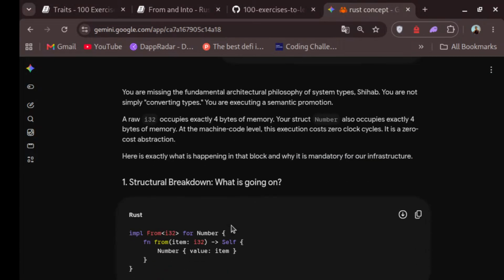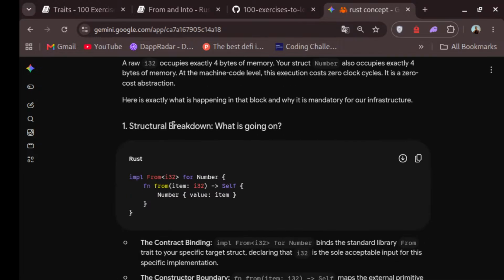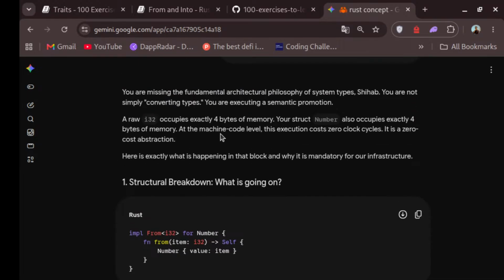And what you're missing is the fundamental architecture philosophy of system types. You are not simply converting a type, you are executing semantic promotion. Raw i32 occupies exactly 4 bytes of memory, and the Number structure also occupies exactly 4 bytes of memory.